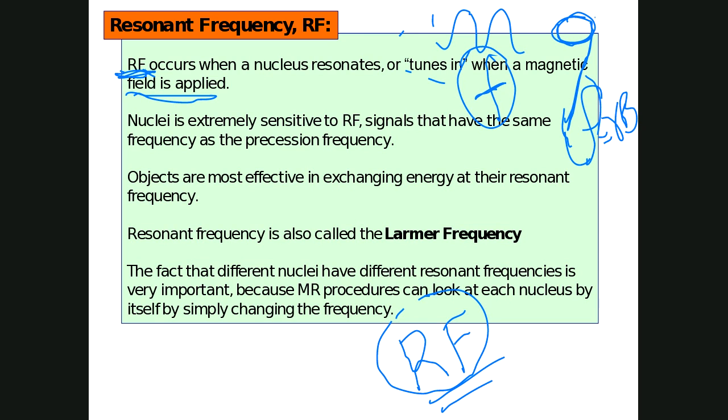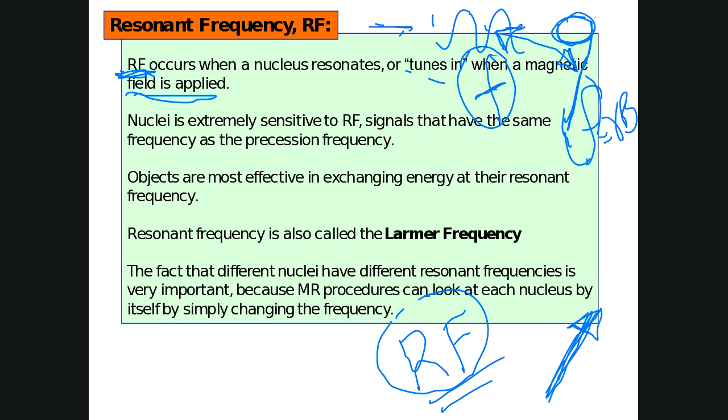I say external because this is the one that you apply, and I'll show you how we do that in a minute. If this condition occurs, so that the frequency is the same for both, then energy can be exchanged back and forth. Meaning that the net magnetization can now gain energy from the RF.